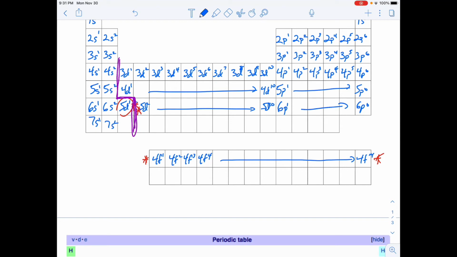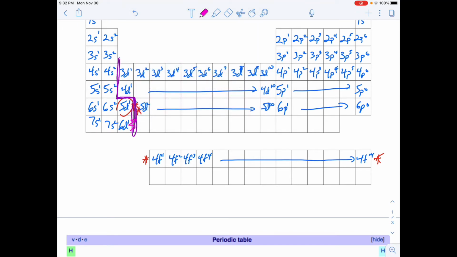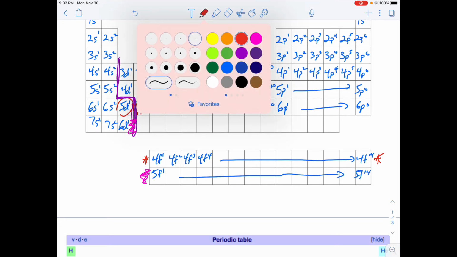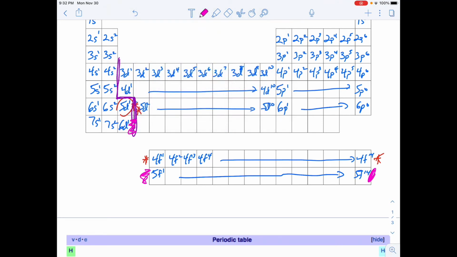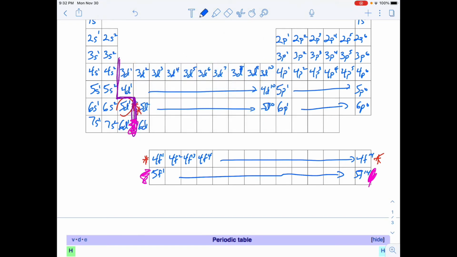Then we go 7s1, 7s2, and then here we would start the 6d1, and then we would jump down here, and when we do the 5fs, we go all the way across to 5f14, and then we would jump back up and continue with our 6ds, 6d10, and 7p1, and you go across. And if you follow that, awesome.